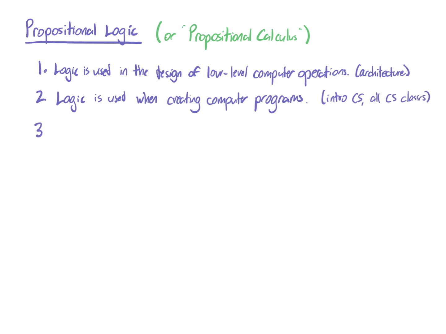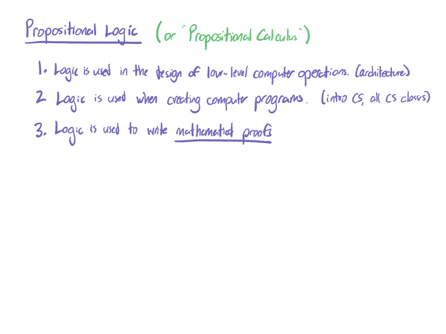And then, third and finally, and this is really the way that propositional logic is going to especially come up for us in this course, discrete mathematics, logic is used to write mathematical proofs.